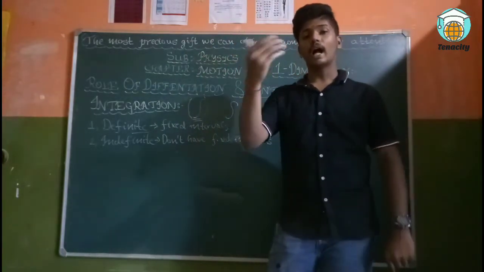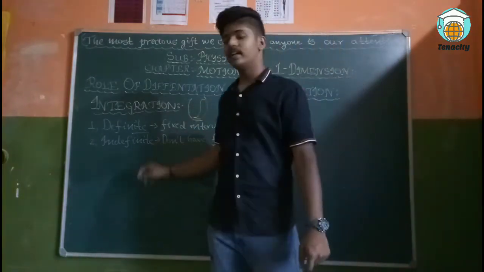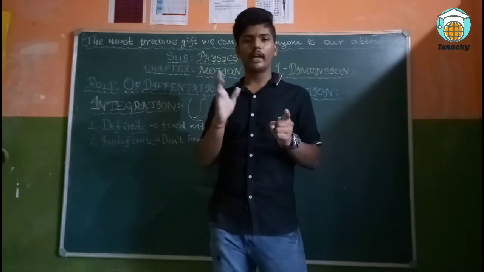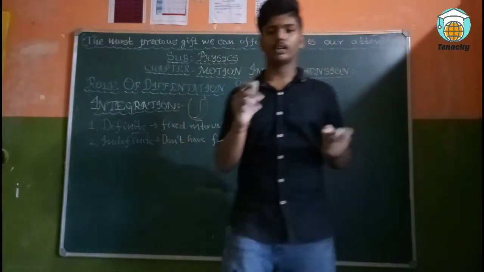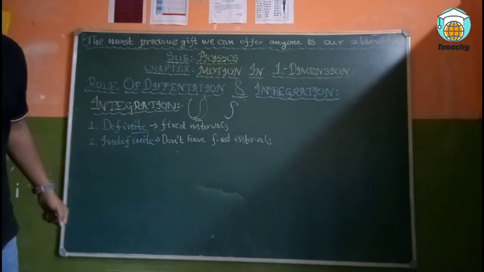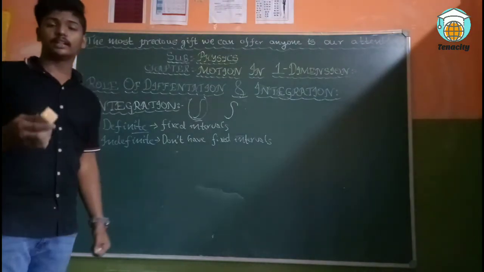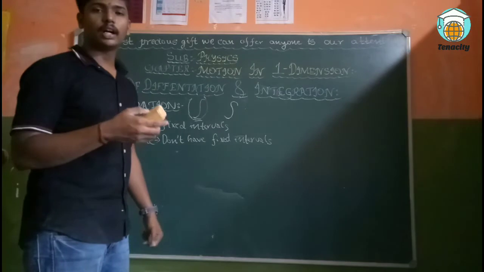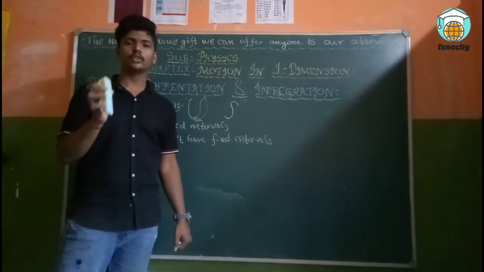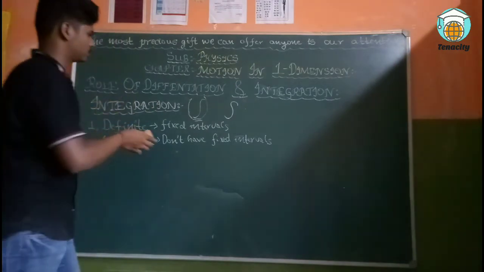In indefinite integration, they will not give the intervals in which you should add the values. As I said, we can find the area under a curve. I will show you how to find the area of a triangle using this concept of integration.